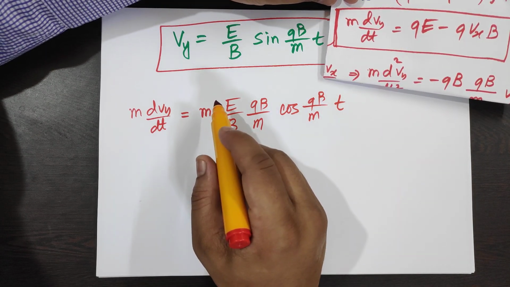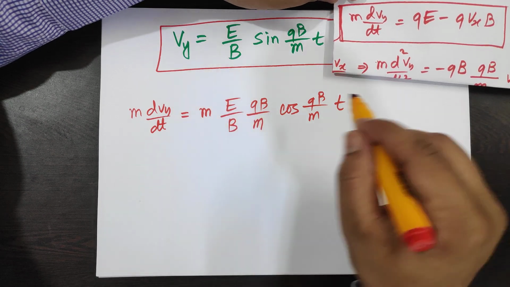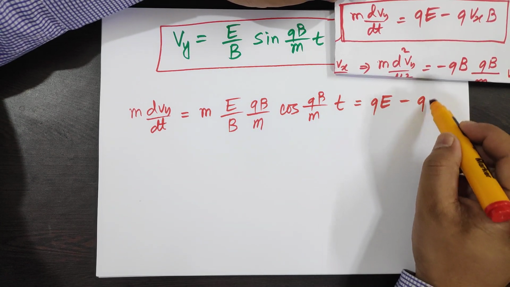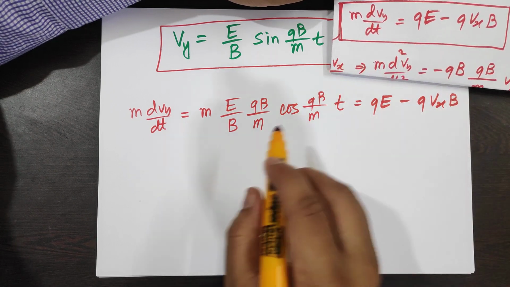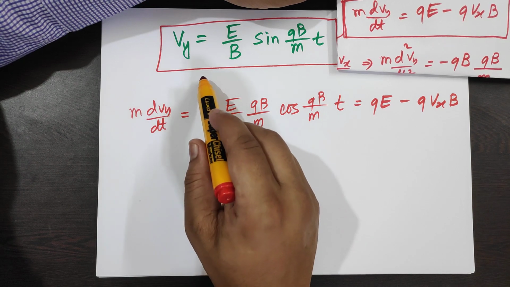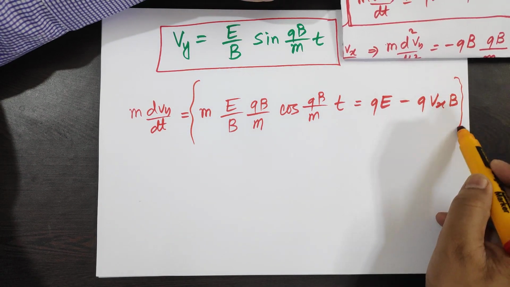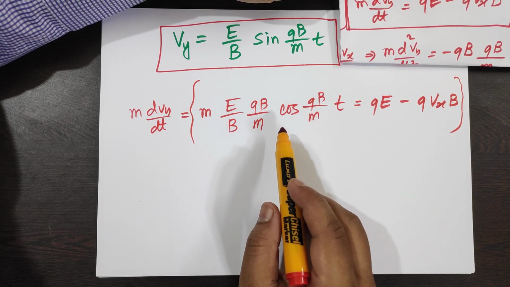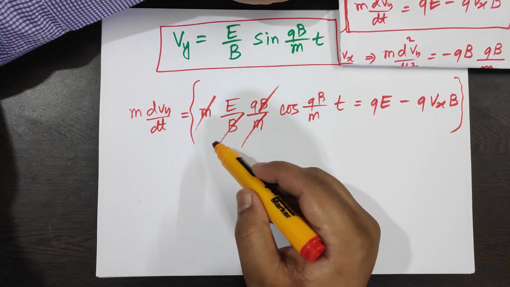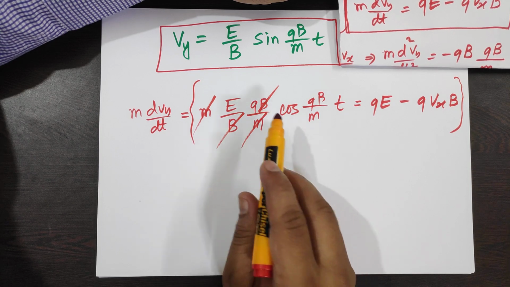Yeah, that is m dVy/dt. Now this you have to put equal to qE minus qVxB. Okay, so this is the equation. So from here this m and this m will cancel, B and B will cancel, so qE.